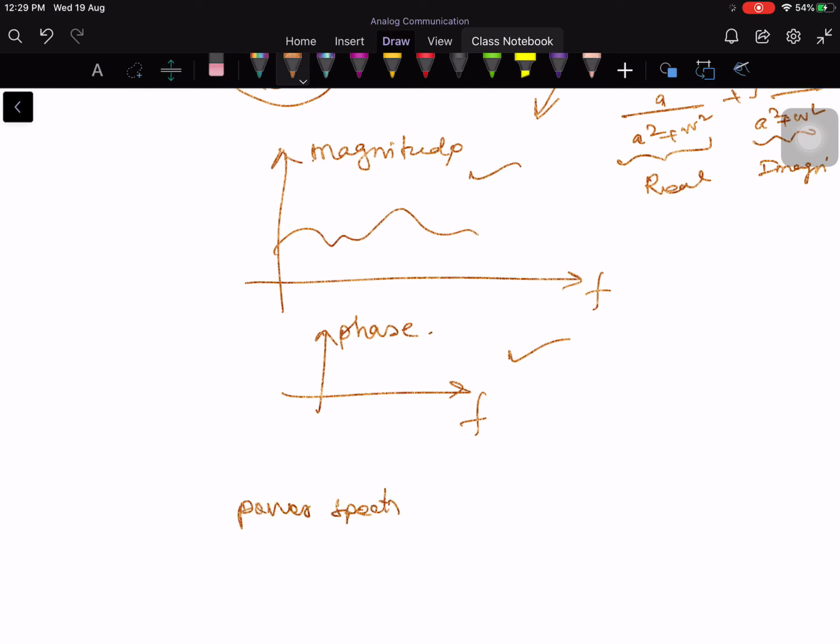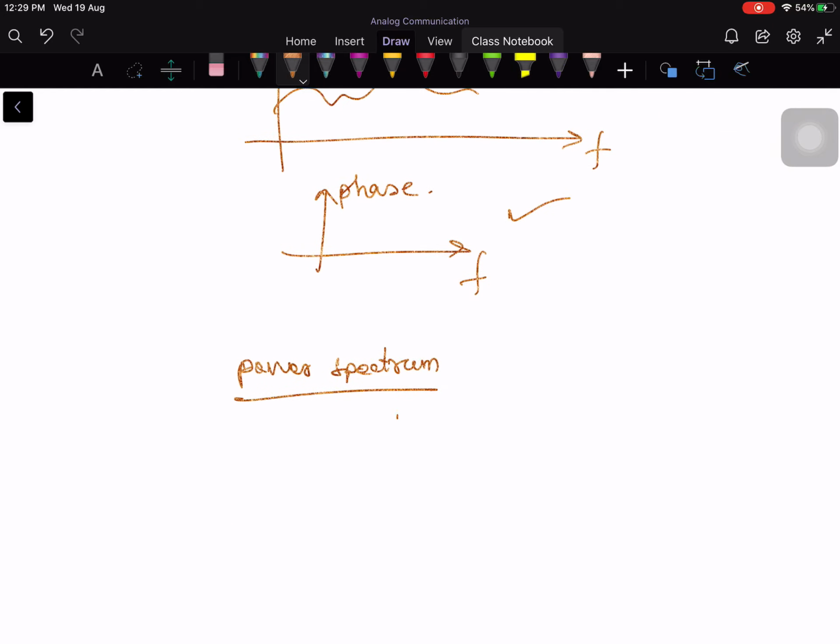So we will not be interested in magnitude, but we will be interested in power, frequency versus power. So this is called a power spectrum. I believe that you are familiar with these terms. At the moment, that familiarity is enough, but we will take up these issues as and when required later in more detail.